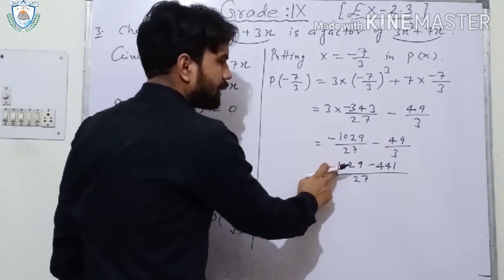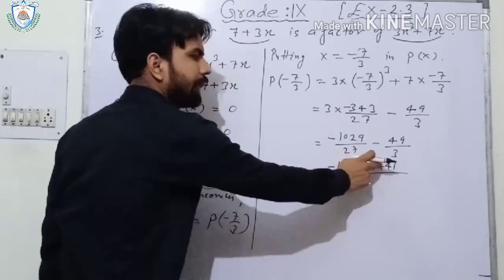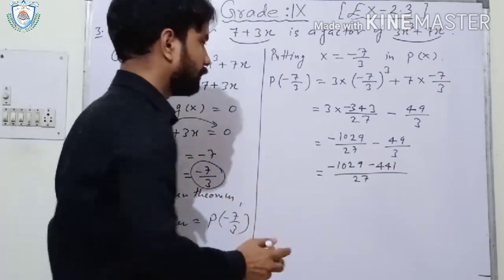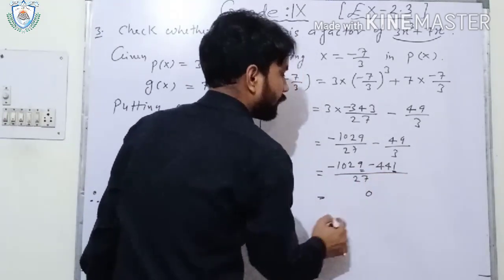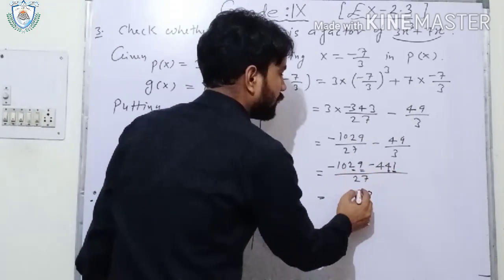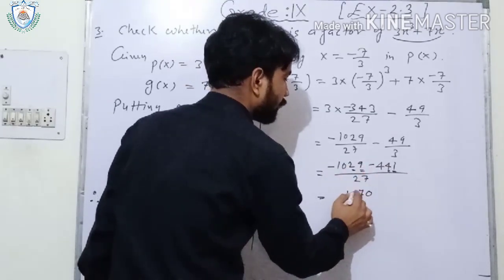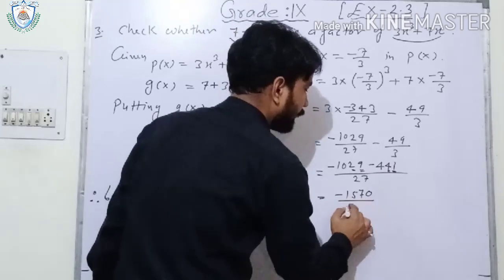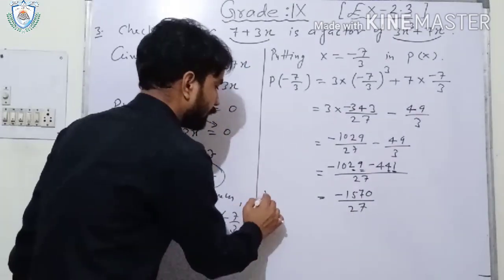So here minus 1029 and this is also negative, 441. Here both the numbers are negative, so we will have to add the numbers. 9 and 1, 10. 4 and 6, 10 and 1, 11. 4 and 1, 5... giving minus 1470 upon 27. This is the remainder.